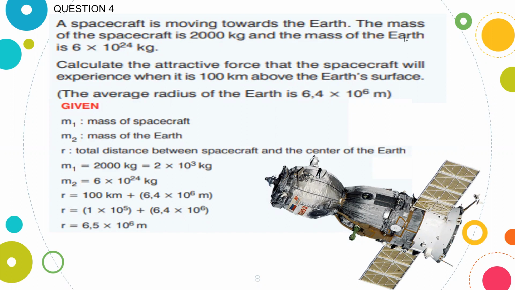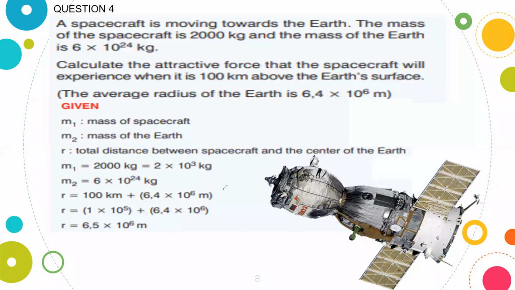And the mass of the Earth is 6 times 10 to the power of 24 kg. We know the mass of the object, M1, or you can use small m or capital M. After that, the total distance between the object and the center of the Earth, R, we need R.